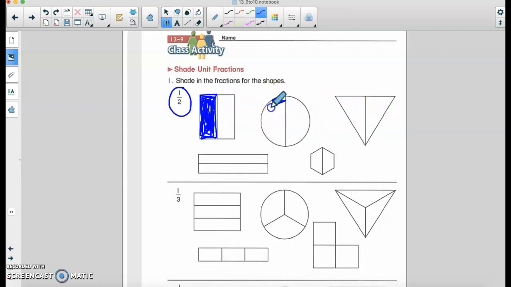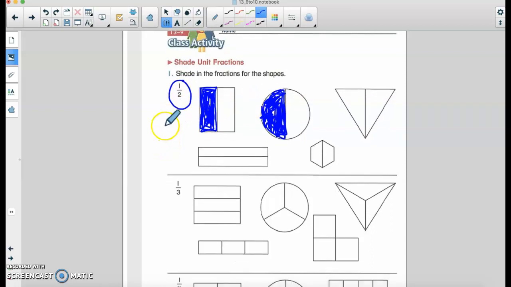So 1/2 can also look like a circle, like this. And I'm going to nicely color it in. You could use markers or colored pencils. You could use pencils. I please ask that you never use pen when you do math, because if you make a mistake, you can't erase it. But this time we're just coloring. So I'm coloring in one of the 2 pieces. I'm going to let you pause the video and finish this now.